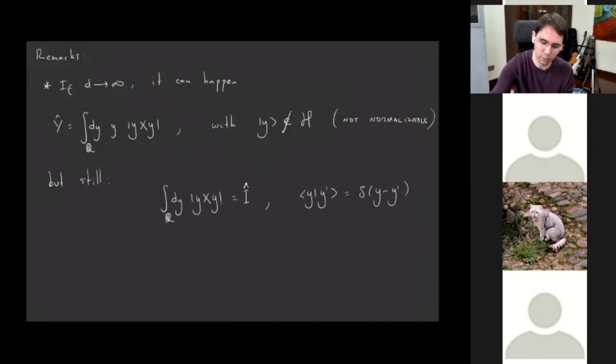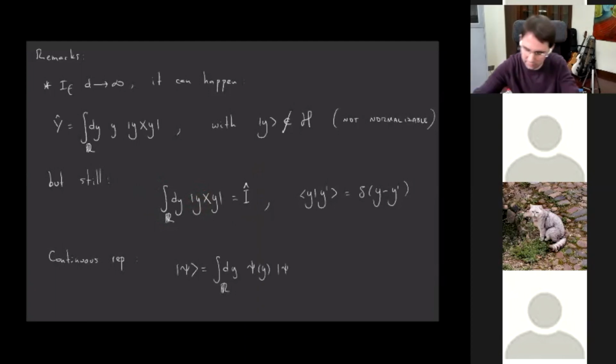And then once we have this resolution of the identity, even though these guys in here are not vectors in the Hilbert space, we can use them to build a continuous representation of the state of the system, because we can take the state of the system, apply the identity in the form that I wrote above, and then we get now a continuous representation, because now these coefficients psi of y, which are still the inner product of the eigenvectors with the state, now form a continuous set, which means that they are a function, a complex function of a real variable y.